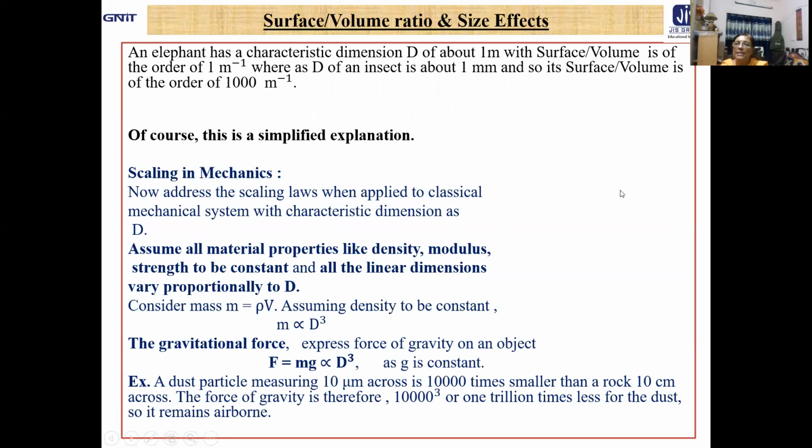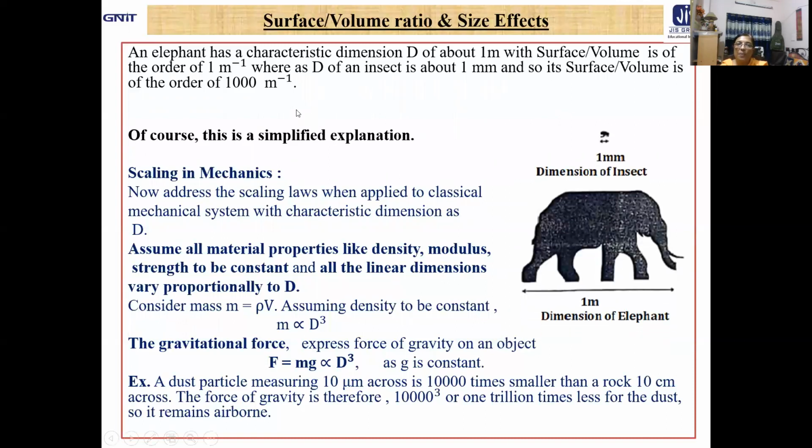Now let us come to the implication of this surface to volume ratio relationship with strength to weight ratio. For that purpose, the elephant we are considering has a characteristic dimension of the order of 1 meter, whereas the characteristic dimension of an insect is of the order of, say, 1 millimeter.